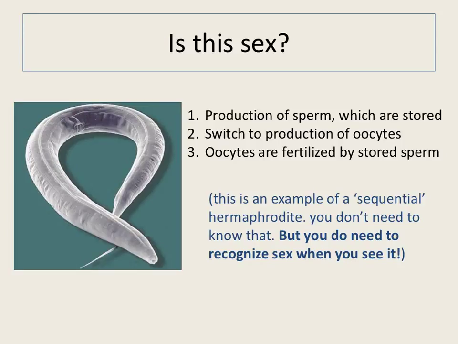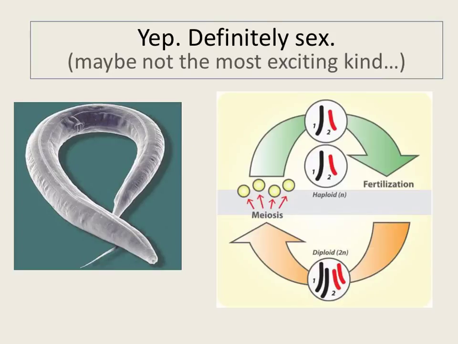They're first male, and then they become female, and then produce offspring. So the thing is, there are gametes here, so we have to remember that. It's definitely sex.